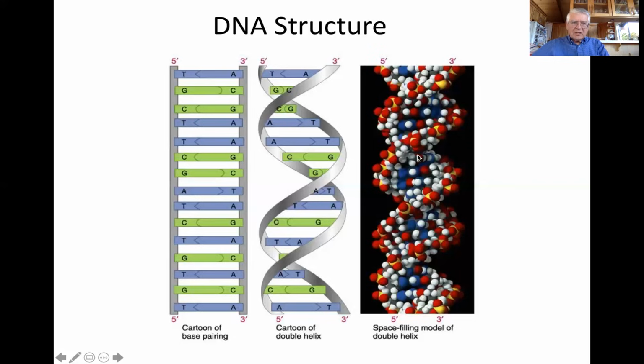Because the sequence is different. So in this part here, you have a pair of T's, for example, TA base pairs. Down here, you don't have a pair of TA base pairs. That means the actual detailed structure of the molecule up here, the lumps and bumps on the outside, are different from the lumps and bumps down here.